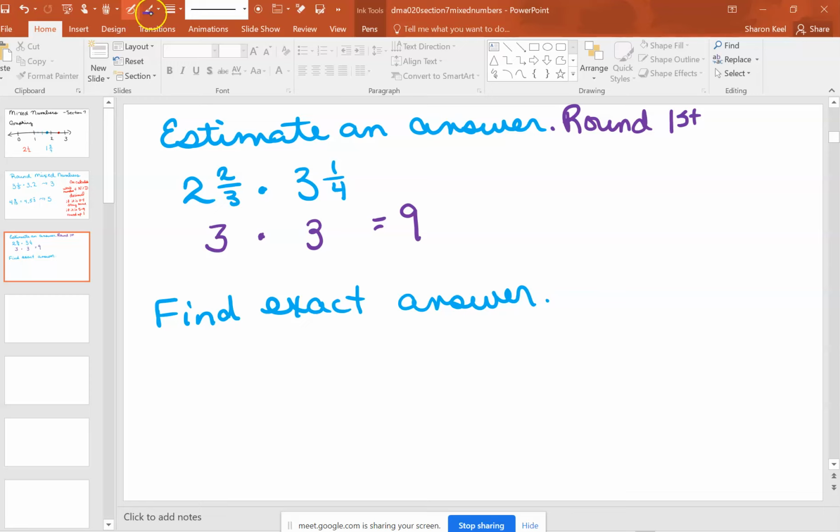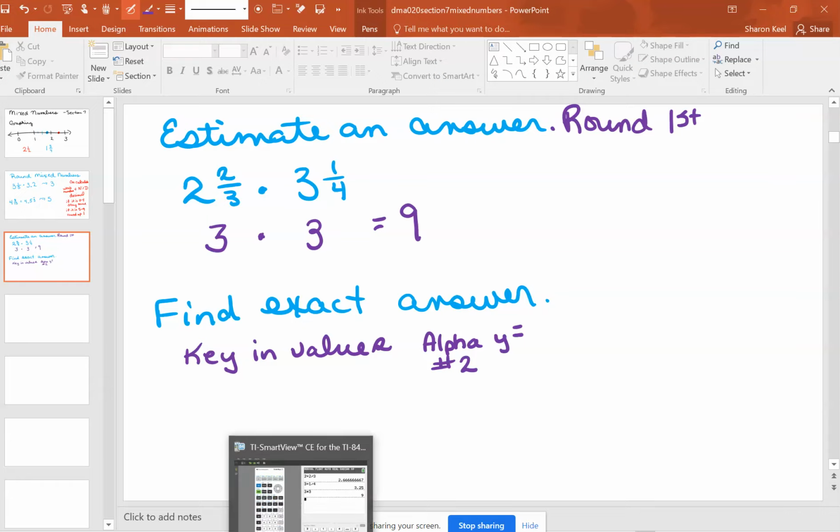When we find the exact answer, and we're looking at the same problem, you are going to use the numbers exactly as you see them. If you're using the calculator, you're going to use alpha, y equals, and then you're going to choose number 2.